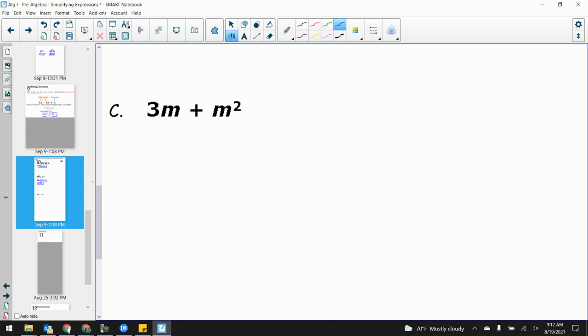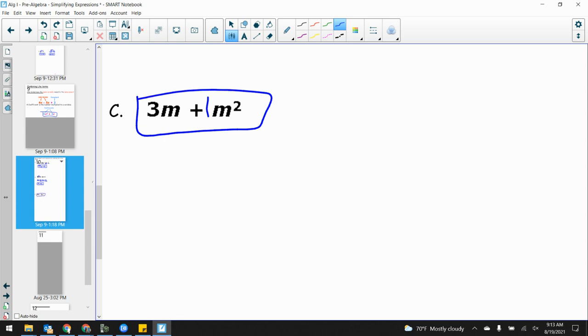Is there anything I can do here? I would put a 1 in front of it, and then you can't really distribute or do the exponent, so it just stays there. So yeah, I guess if you wanted to, you could put a 1 there, sure. But there's really nothing I can do, right?